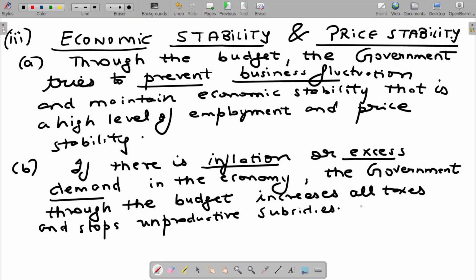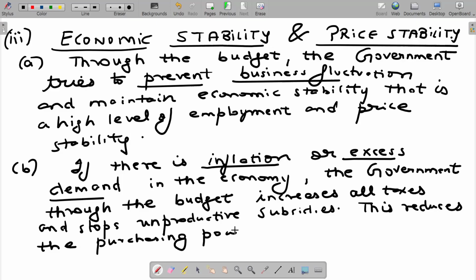This reduces the purchasing power of the people and keeps inflation in check.